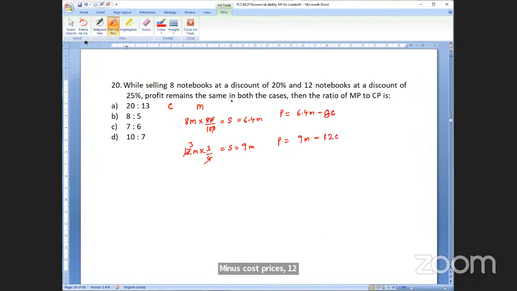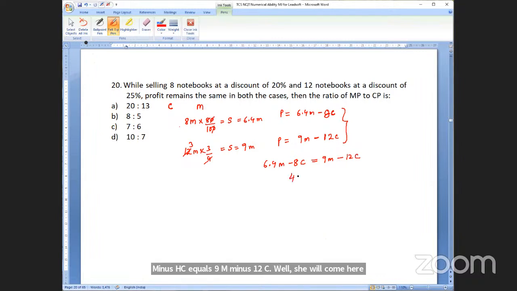Now it is given that profit remains same in both the cases. Now if we equate these two, we'll get the ratio of M by C, which we are looking out for. 6.4M minus 8C equals 9M minus 12C. 12C will come here. 12 minus 8 would be 4C.